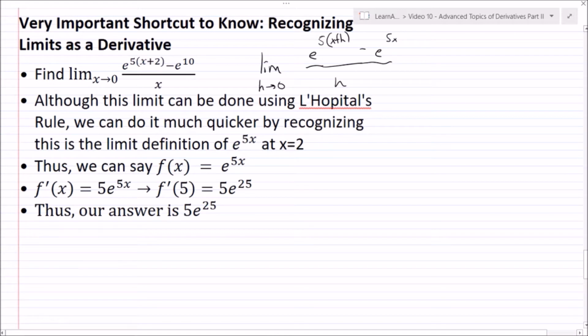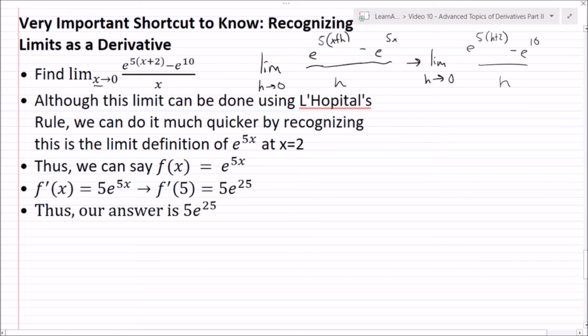And now if I plug in 2 for x, I can see, in fact, that this is the same thing as over here. So what that basically means is that this is asking for the derivative of e to the 5x at x equals 2. So h plus 2, again I'm plugging in 2 for x, and this is what I end up with.